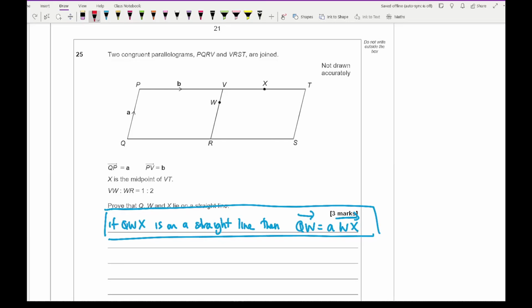So we can see that as they're congruent, this line here is going to be the same as this here. So if this is A, all of this is going to be A, and we know that we need to split it up into 3 parts.